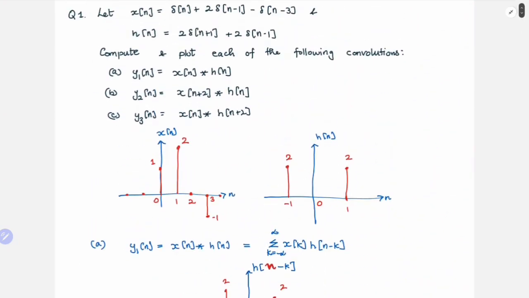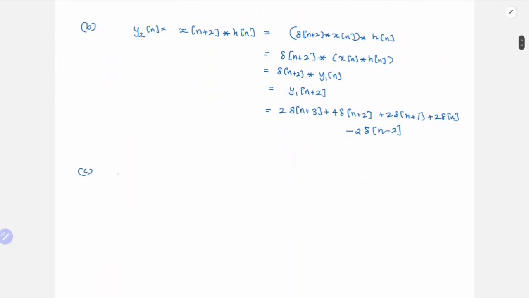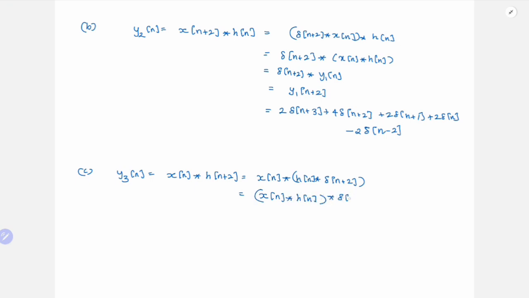Similarly, for this one also you can do using the same method. So what we want, see, your y3 of n is equal to x of n convolved with h of n convolved with delta of n plus 2.